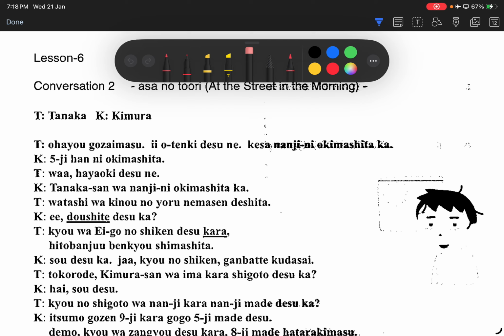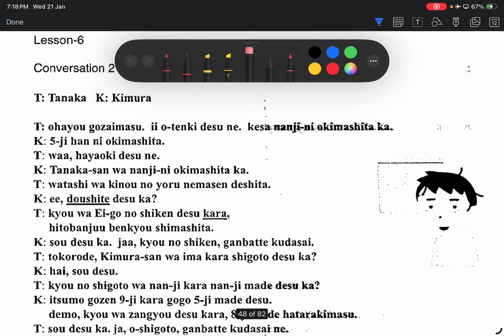No, just morning is asa. This morning, it specifies this morning. Okay, the rest I think you probably know what it means. K says 5時半に起きました. So 5時半, what does 半 mean? Half, so 5:30. Okay, then T says, わー、早起きですね.